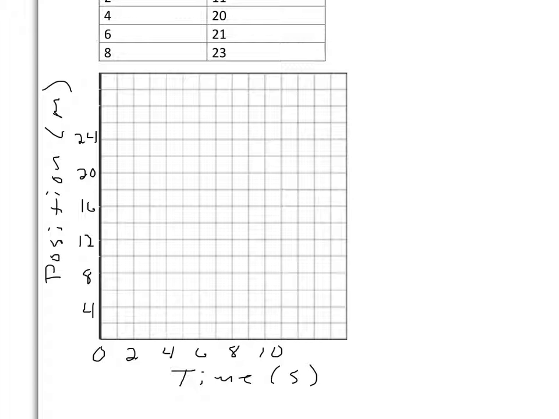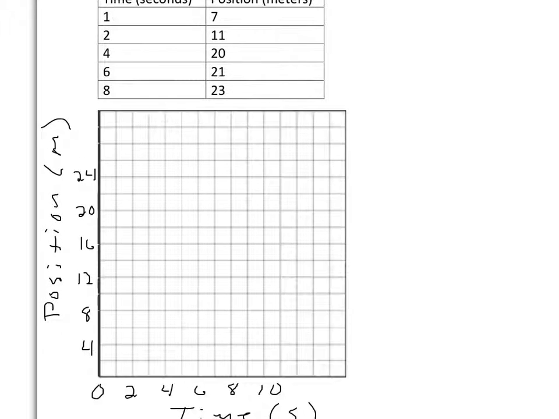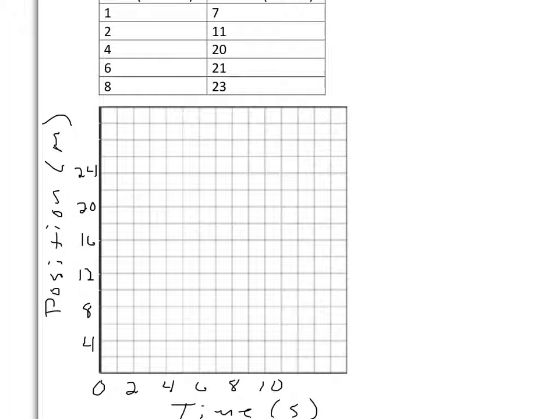So now I'm going to plot all the data. 1 goes to 7. 2 goes up to 11. 4 goes to 20. 6 goes to 21. And 8 goes to 23.